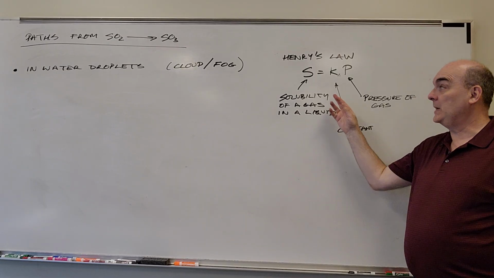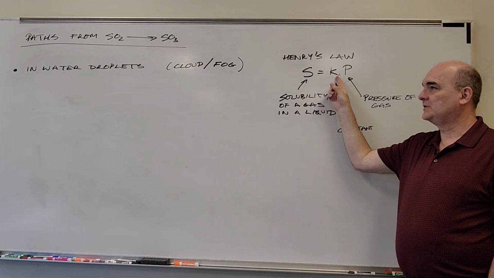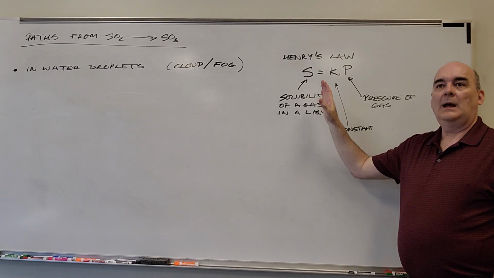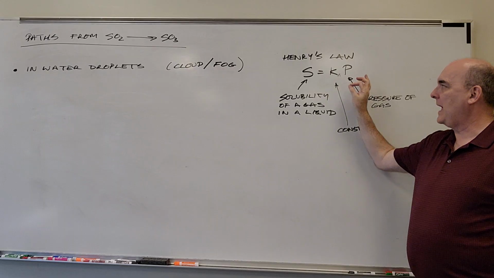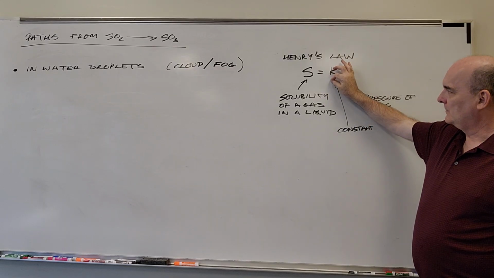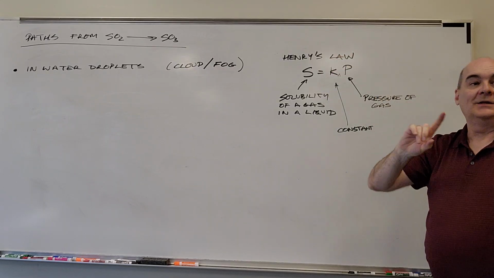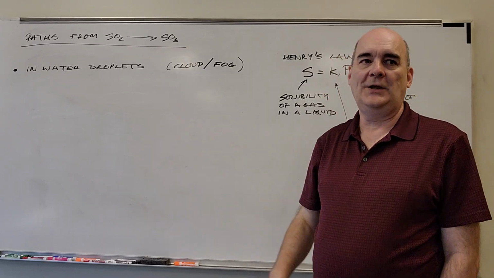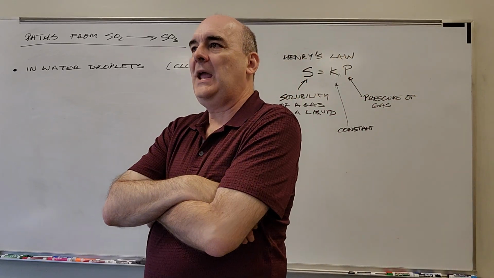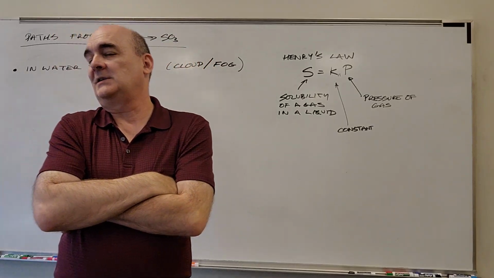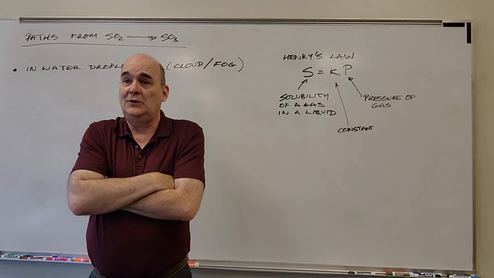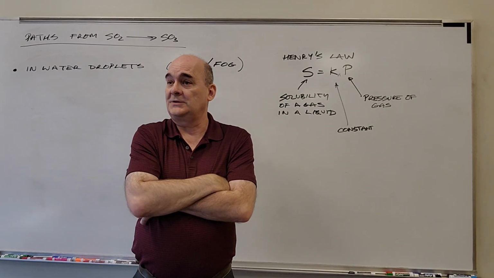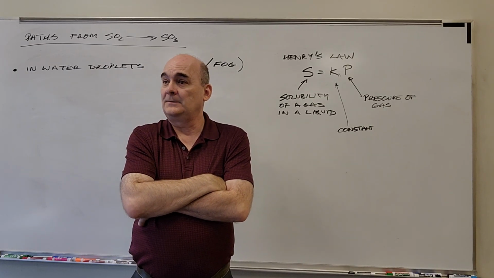So this could be the solubility of sulfur dioxide in water. And when you name that specific, that value of K does not work for any other gas-liquid combination. So if I know what the value of K for sulfur dioxide dissolving in water is, I cannot use it to tell me how easily carbon dioxide dissolves in water, because they have different Ks.